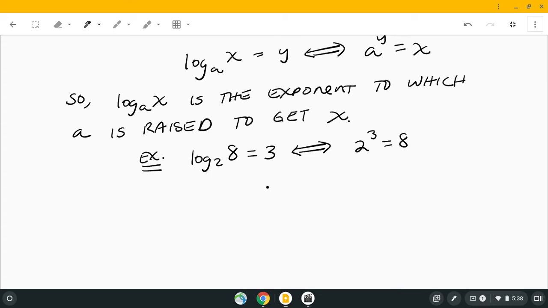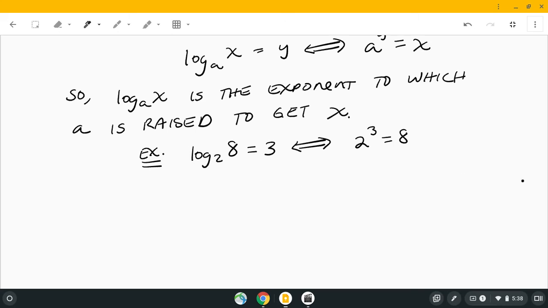And that is true. 2 to the third equals 8. Okay. So 3 can be substituted with log base 2 of 8, because log base 2 of 8 is 3. So I can replace this 3 with this.